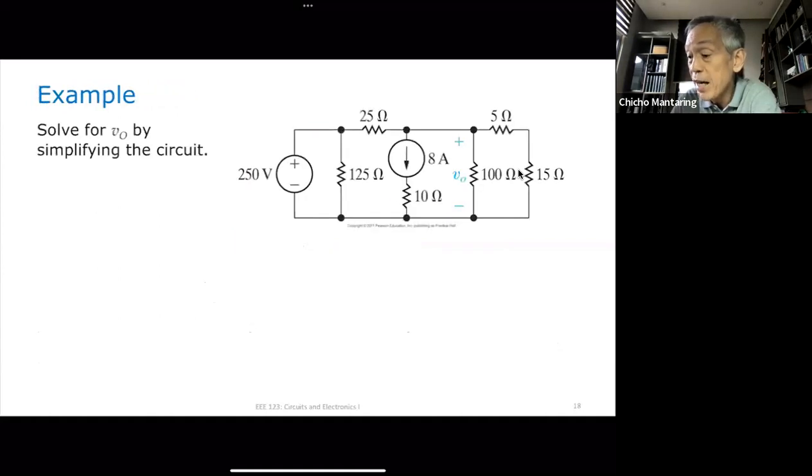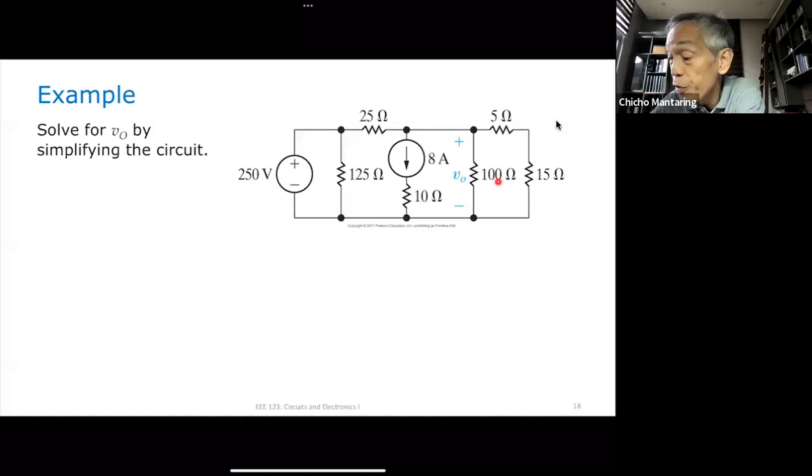I have a final example, but I'll leave it to you to compute. Solve for V sub O by simplifying the circuit. Again, the technique that you're going to use here is source conversion, source interconversion.